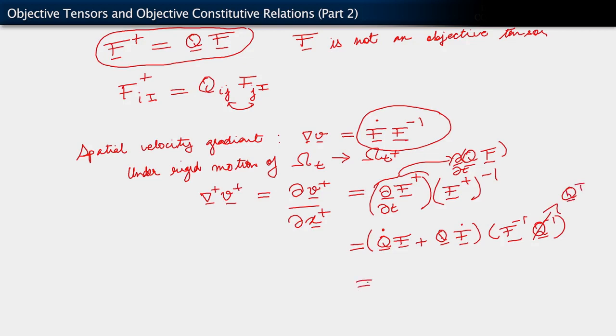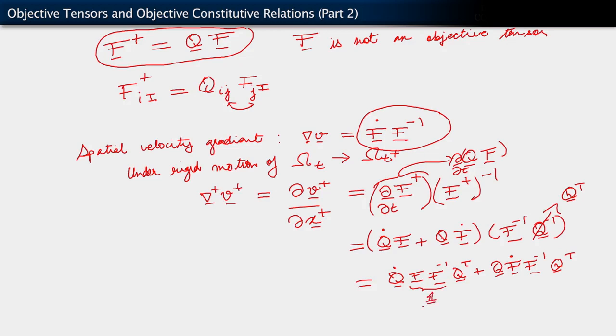Put it all together and for the first term we have Q dot F F inverse, which I'm going to write as Q dot Q transpose, plus Q F dot F inverse Q transpose. Now, here we have the isotropic tensor.